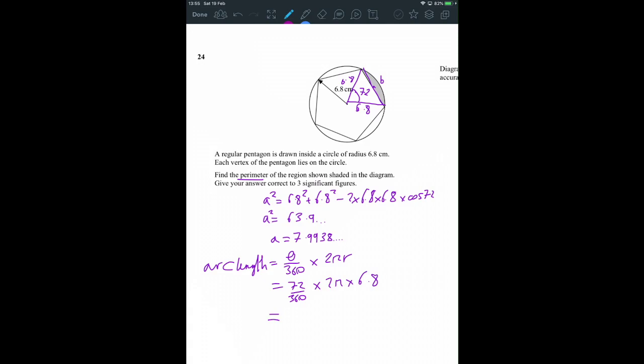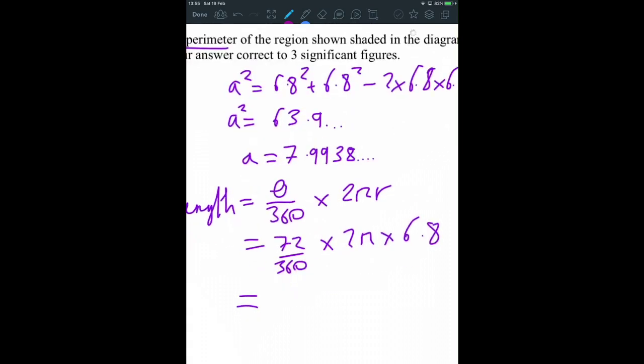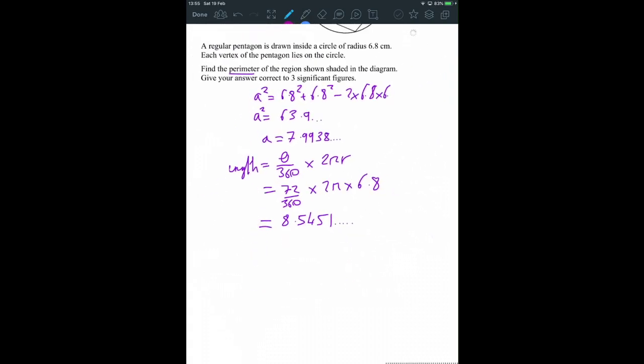And the astute among you would notice that 72 over 360 is a fifth. Well, that's exactly how we got the 72 in the first place. It's a fifth of the entire circle. That comes out as 8.5451, etc. Again, a little bit more accuracy than what the final answer wants.